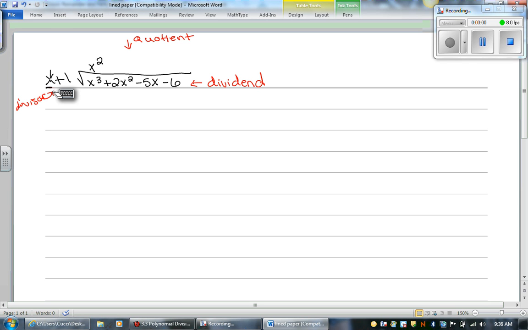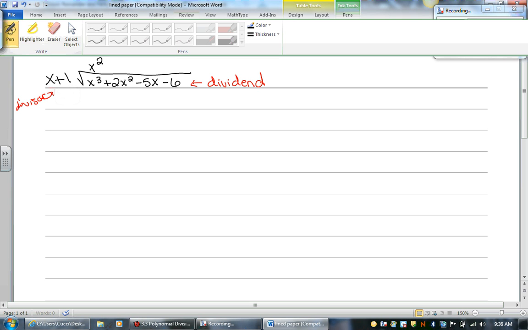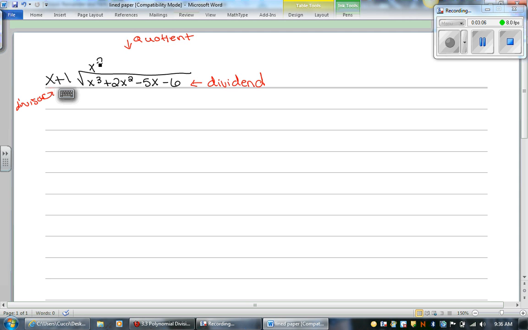Then you're going to take that x squared and distribute it back. X times x squared is x cubed, and we put it underneath. And then x squared times 1 is x squared. So this is how we get the next piece.